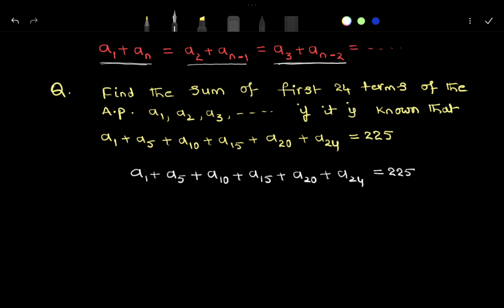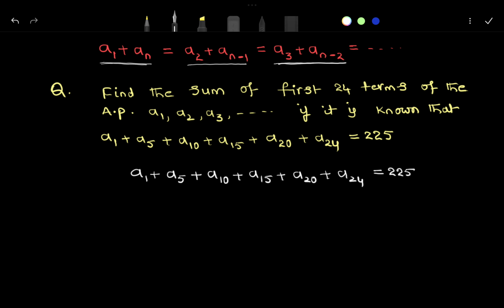Now observe that with 24 terms, a1 is the first term and a24 is the last term. a5 is the fifth term from the beginning and a20 is the fifth term from the ending. a10 is the 10th term from the beginning and a15 is the 10th term from the ending.